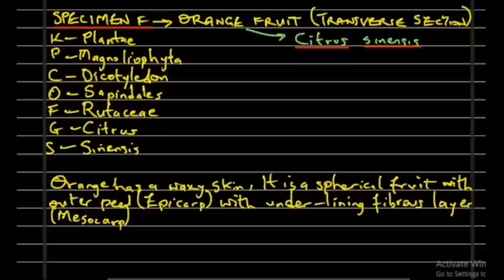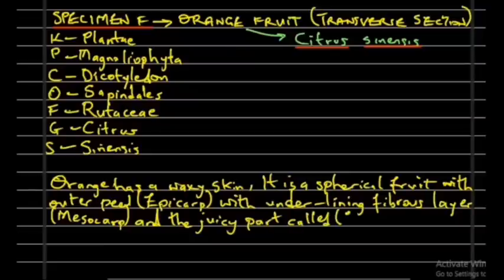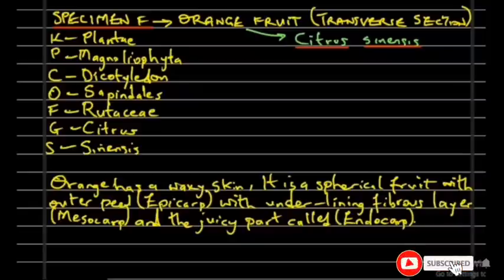And then it has the juicy part called the endocarp, the juicy part that we actually munch on or suck out the juice from. So those are the parts of this particular fruit.